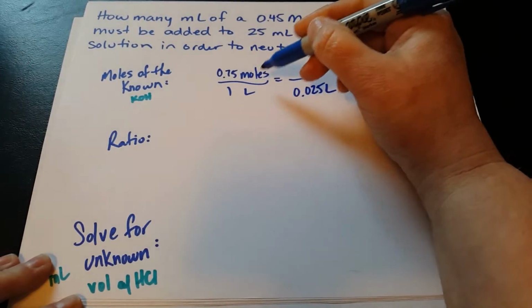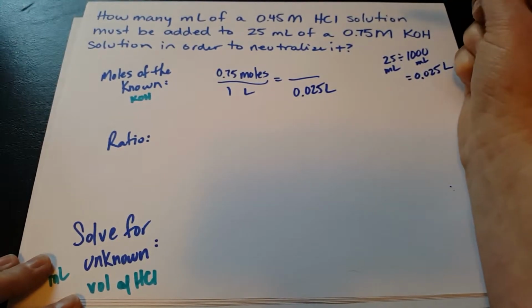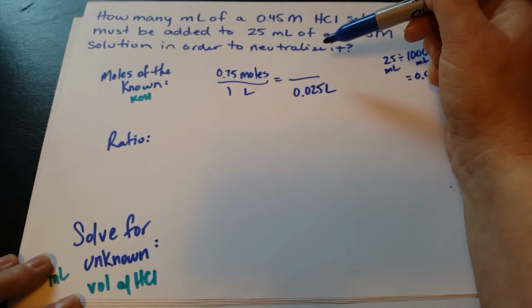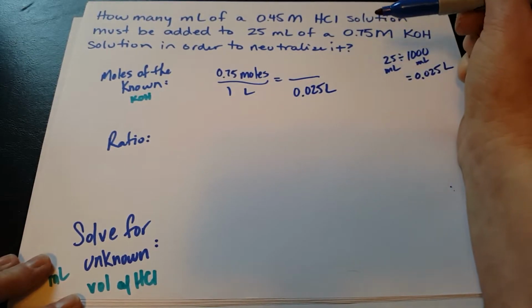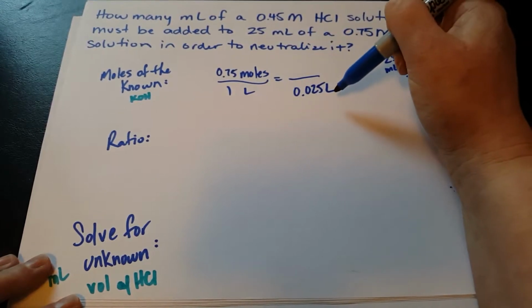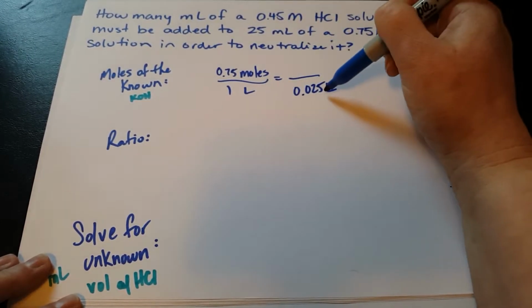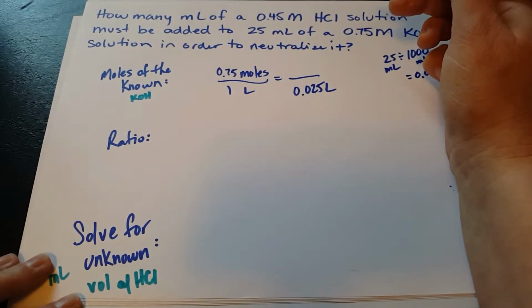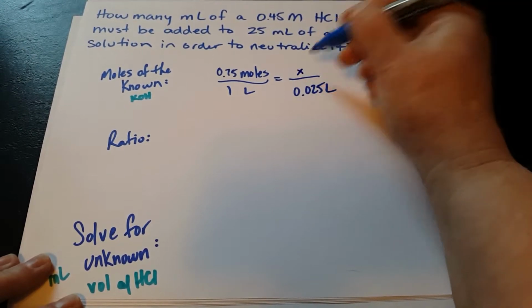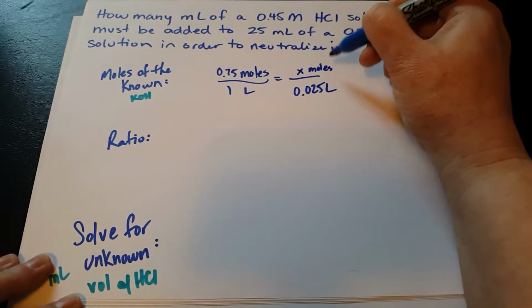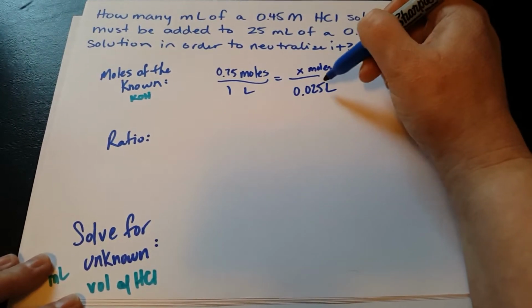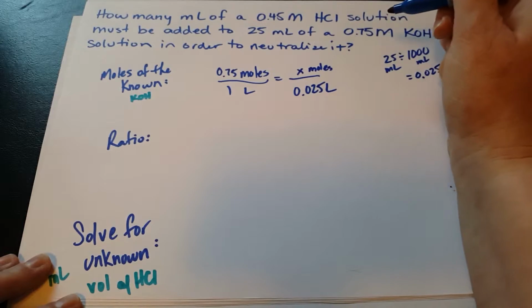So be assured that every time you set up your concentration and you're using your volume, you're showing it in liters instead of milliliters. So the thing that we're solving for here is moles. How many moles of the OH is going to be inside of 0.025 liters?